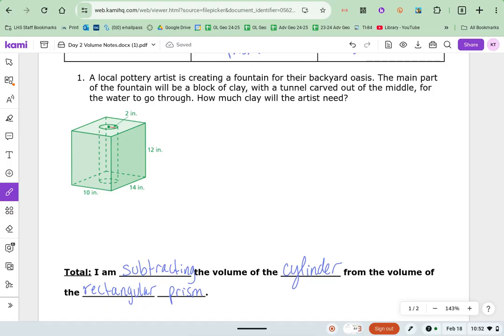Okay, then just like before, I'm going to split my work into two spots, one for each shape, and then we'll do the subtracting at the end. So I'm going to do the prism on the left side, and I'll do the cylinder on the right.